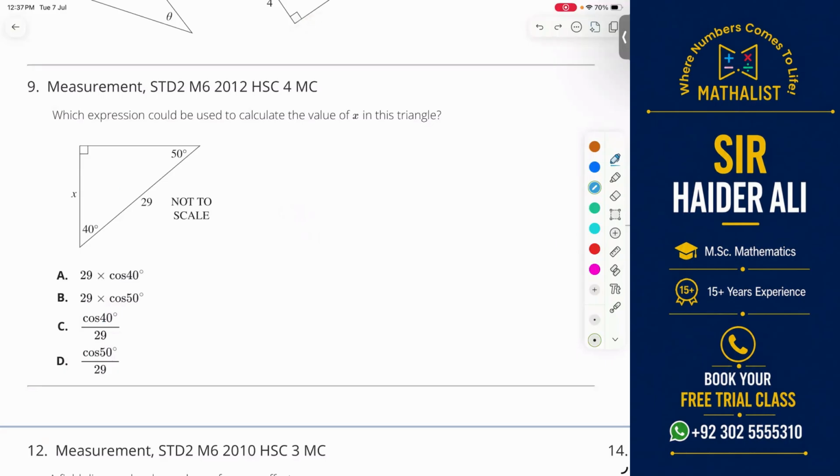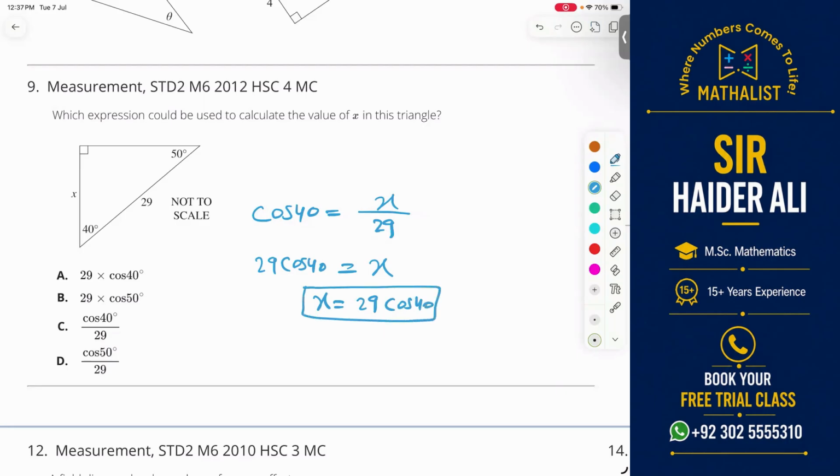You only need to see the question. If you want to find with cos, then definitely you will use 40. Cos 40 will be adjacent x over the hypotenuse 29, right? And if you want to find x now, 29 will move to the other side and become multiplication. Oh, so it's A. This one is clear. Yeah.